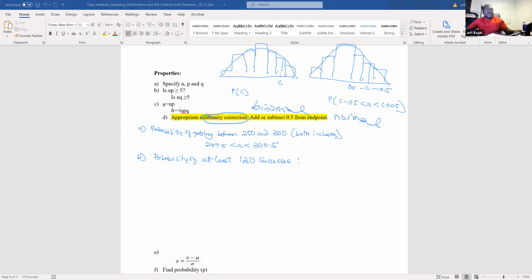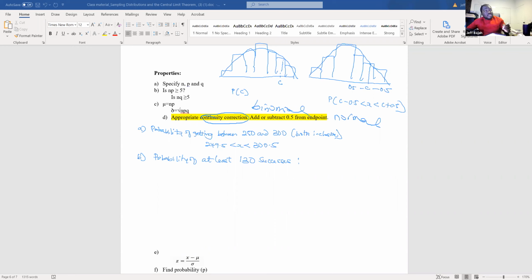Anyone? Now, think about it again. If you have at least 130 successes, what is the lowest possible number there? All right, so it's going to be 130.